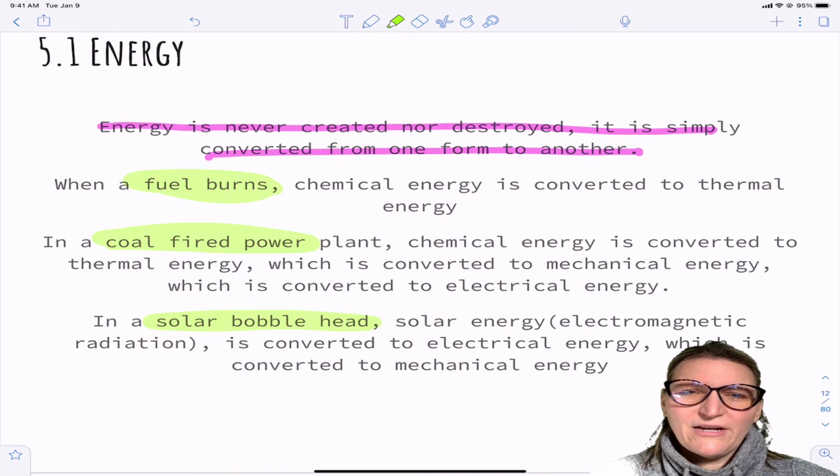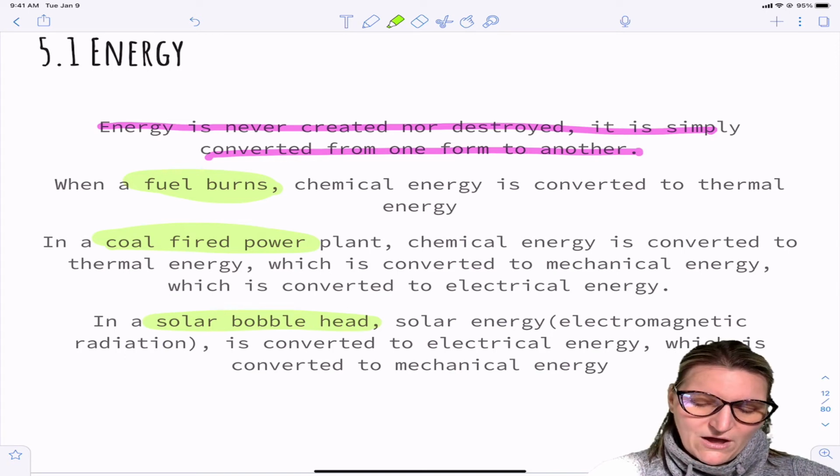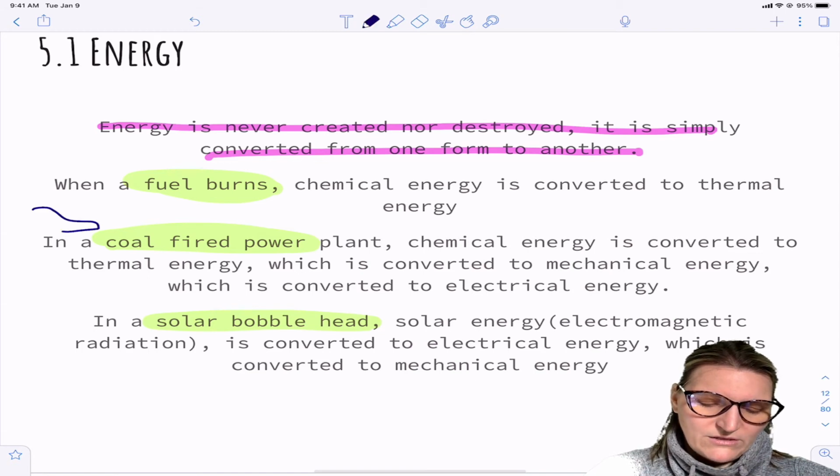My little solar bobbleheads in the back of the classroom, right? That's the electromagnetic radiation from the sun through a solar cell being directly converted to electrical energy. And that's a really unique and really promising form of converting solar energy into electrical energy without having to go through all of these steps.